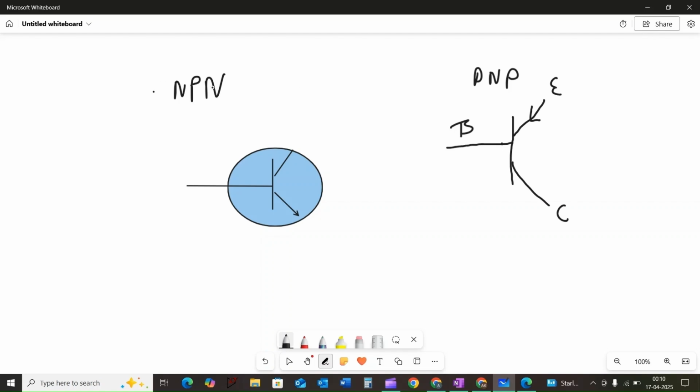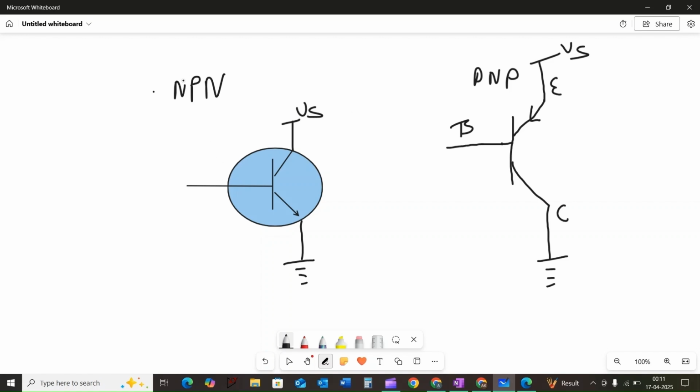In an NPN transistor, the emitter terminal is often connected to the ground. For a PNP transistor, the collector is usually connected to the ground terminal, and the emitter goes to the positive source. In an NPN transistor, the collector goes towards the positive voltage source.